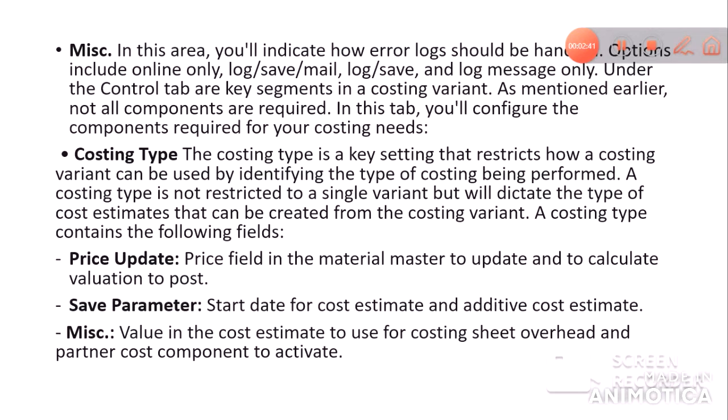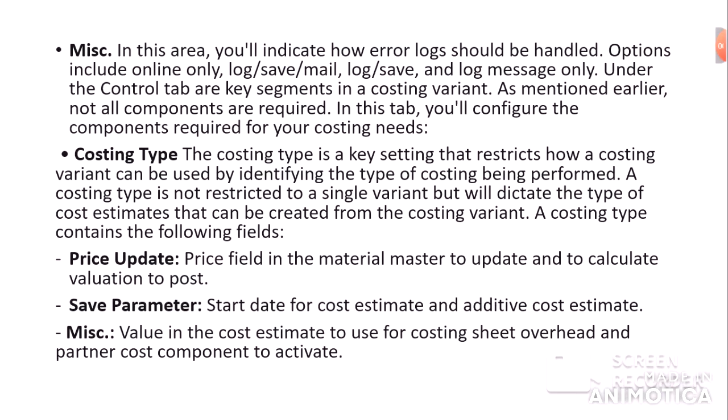In costing type, the costing type is a key setting that restricts how a costing variant can be used by identifying the type of costing being performed. A costing type is not restricted to a single variant. The field we are discussing is from the costing variant. So there is one more field, that is costing type.